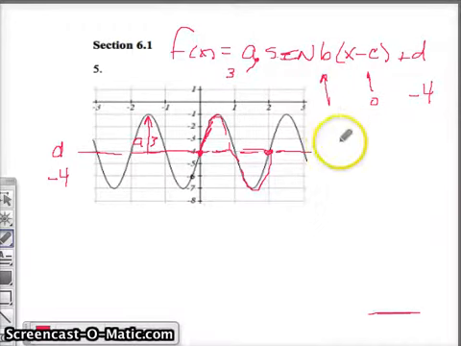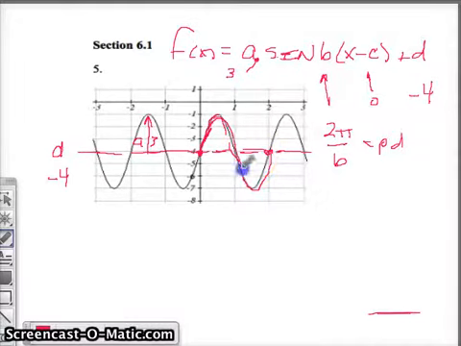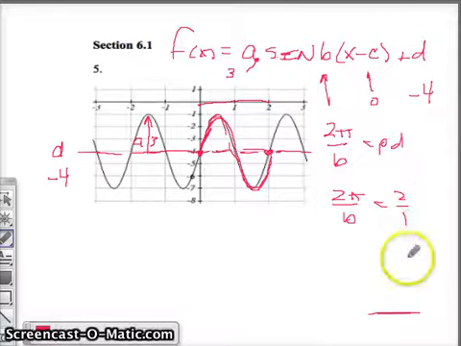Now, remember, 360 or 2 pi over b is equal to the period. Now the period is, I could tell one whole wave takes how long? From here to here, which is 2 units. So 2 pi over b is equal to, can I say it 2 over 1?